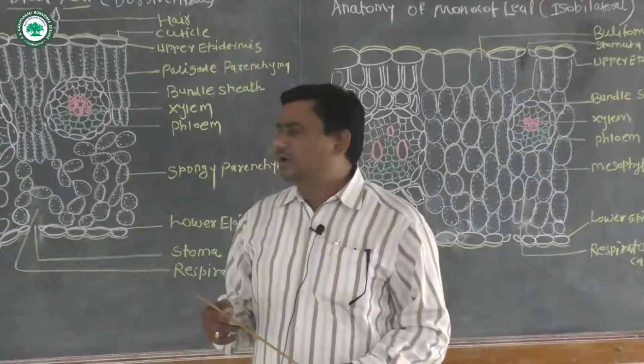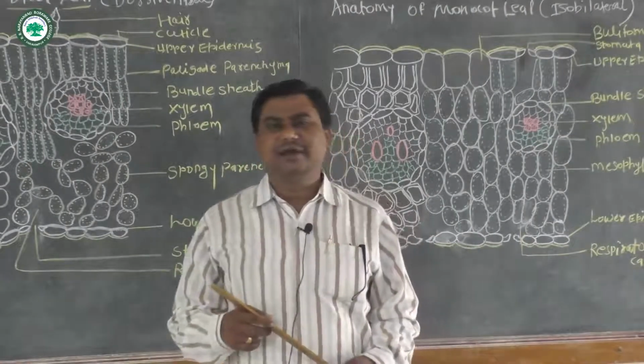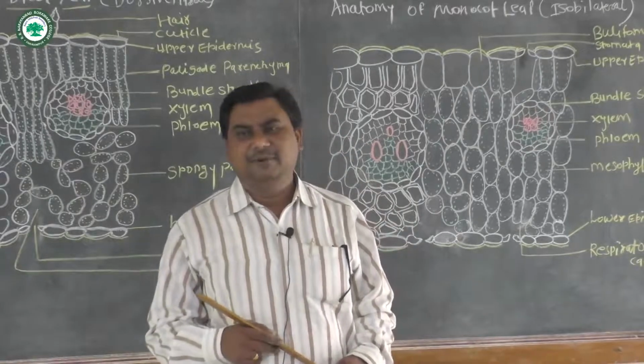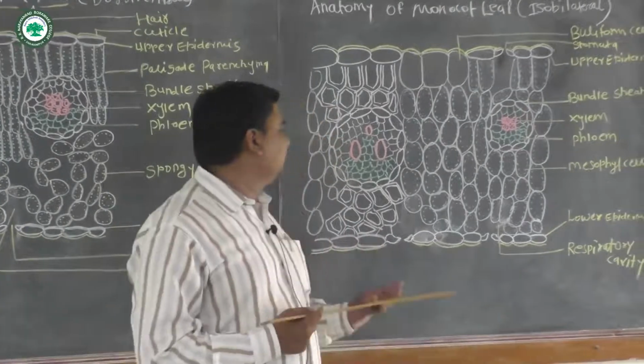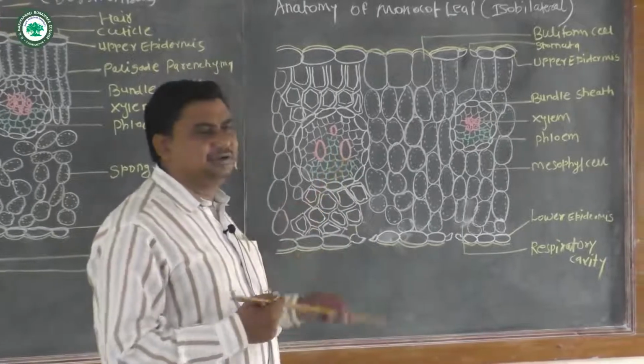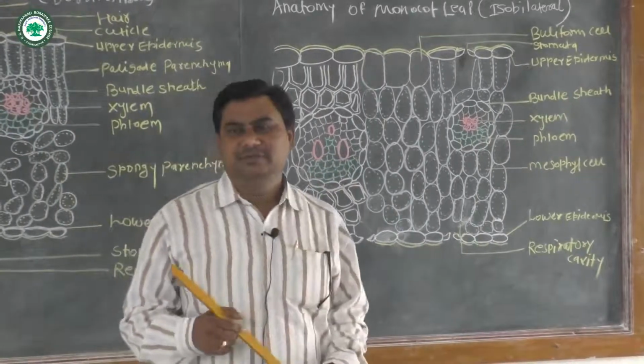Then the vascular bundles are conjoined, collateral and closed type, and the xylem is Y-shaped.